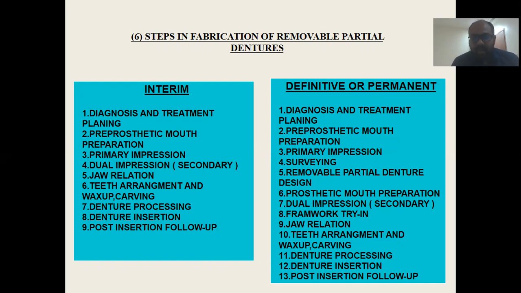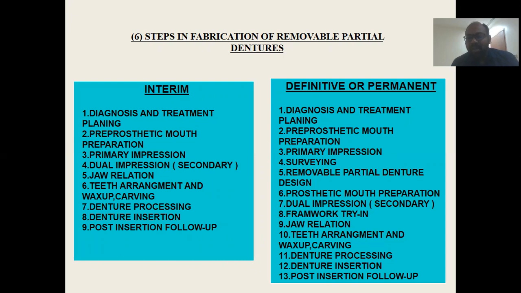Then surveying is followed by a removable partial denture design, which we usually do for a definitive or permanent prosthesis. Again, we do not do it for the interim prosthesis. And then you see here there is prosthetic mouth preparation, which, before fabricating a definitive prosthesis, we do as well, and which we forego with an interim prosthesis.